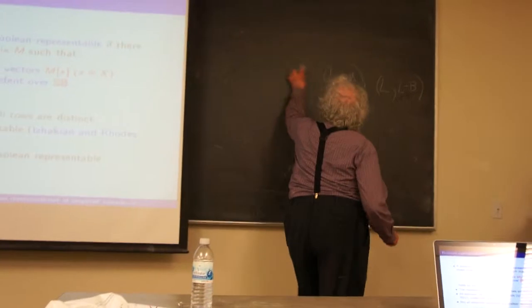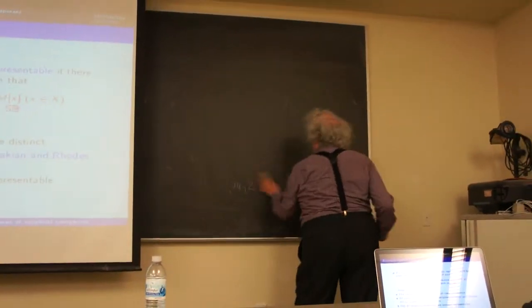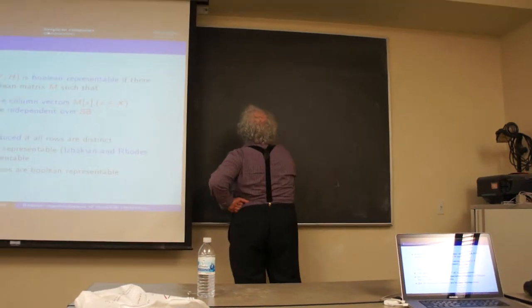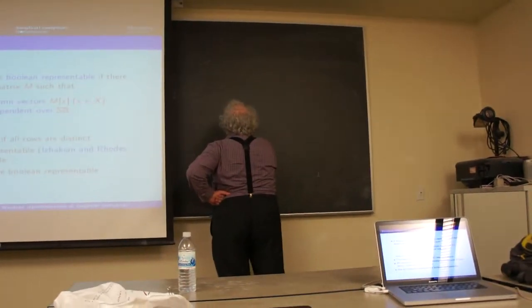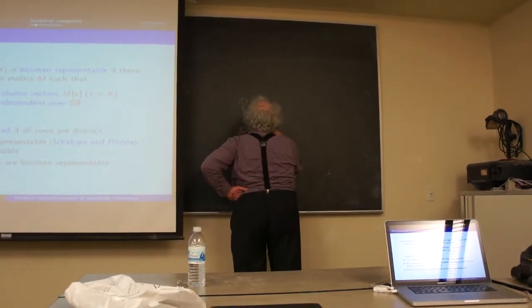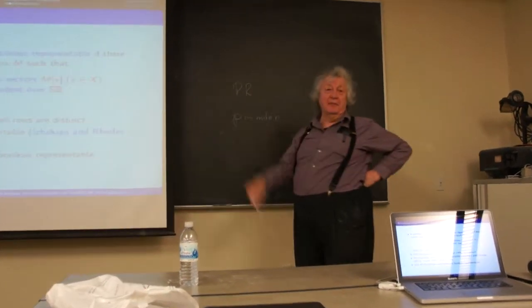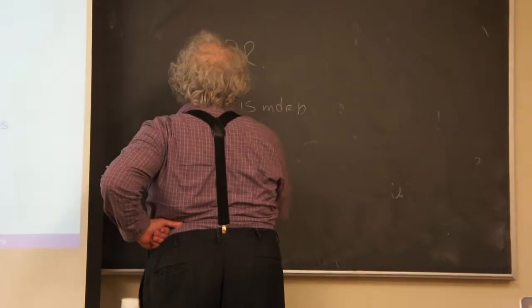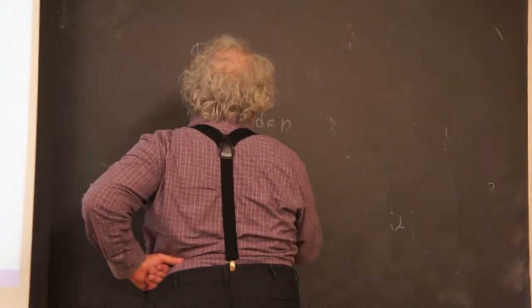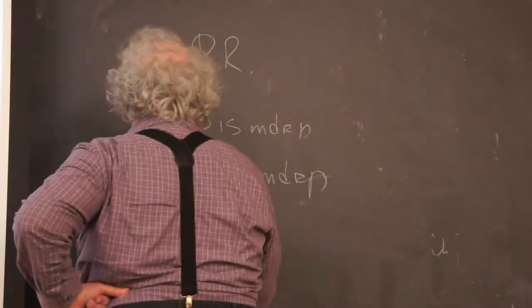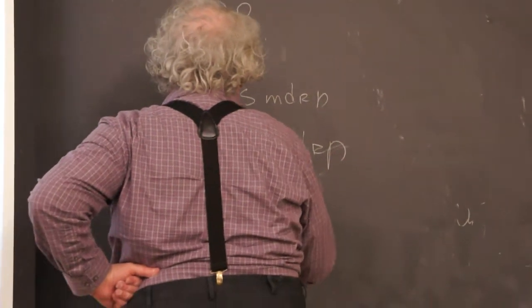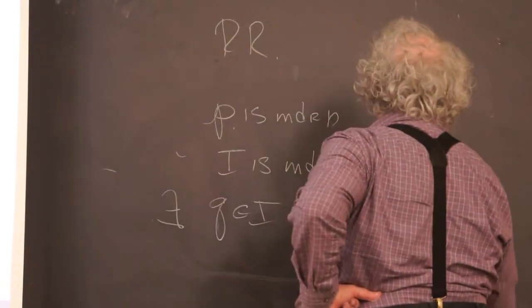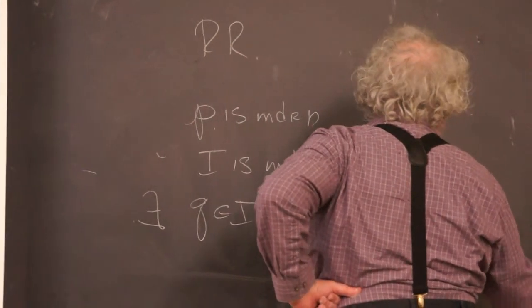The reason is all the Boolean ones satisfy point replacement. If P is independent, which just means the column above P isn't 0, and I is independent, then there exists a Q in I such that I minus Q plus P is independent.